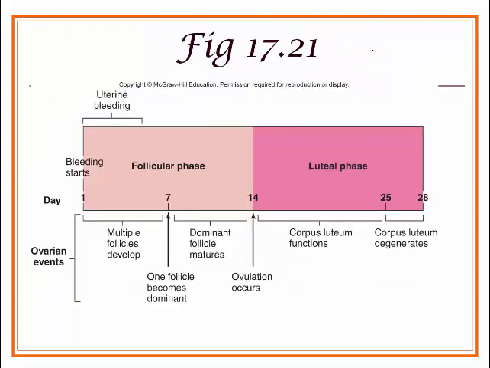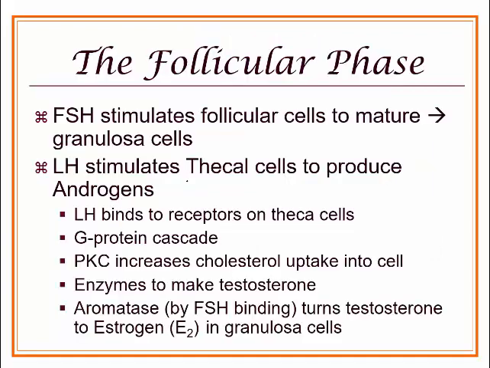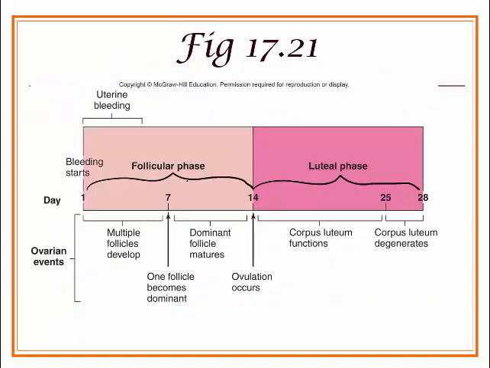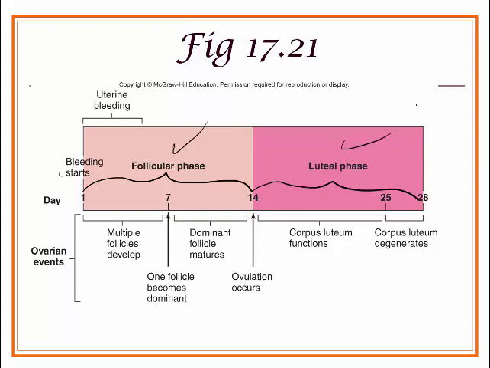So what we're seeing here is the first 2 weeks are the follicular phase of the ovary, and the second 2 weeks are the luteal phase of the ovary. I just realized that they moved into the second cycle there. So the first 2 weeks are the follicular phase, the second two, oh no, okay, just kidding. The second 2 weeks are the luteal phase. So we're going to describe what's going to happen in this phase and this phase of the ovary, and then we'll discuss the uterus.